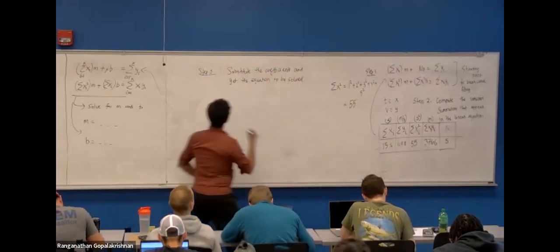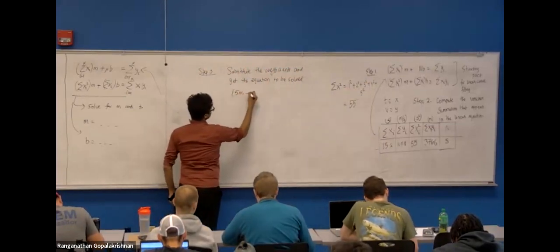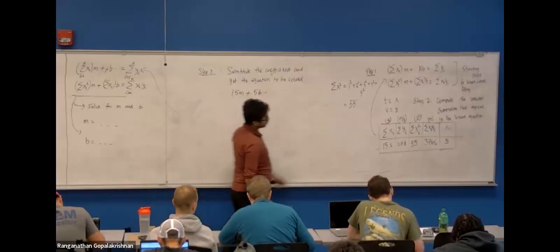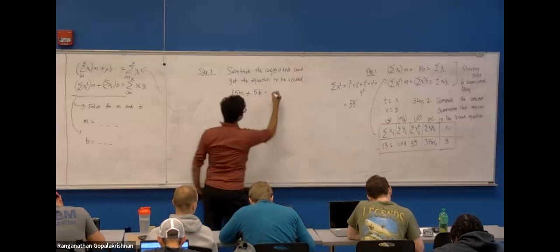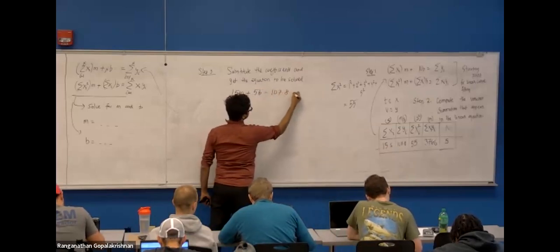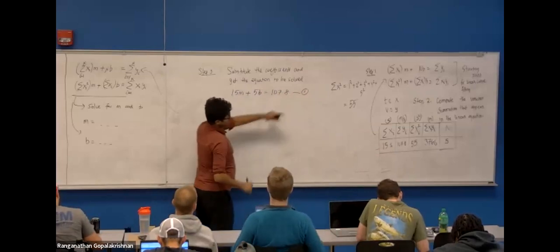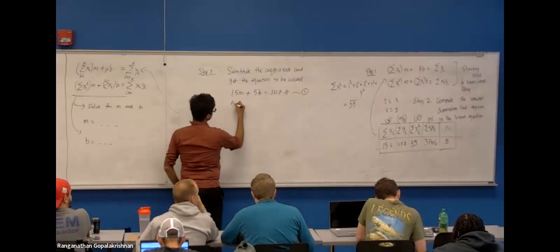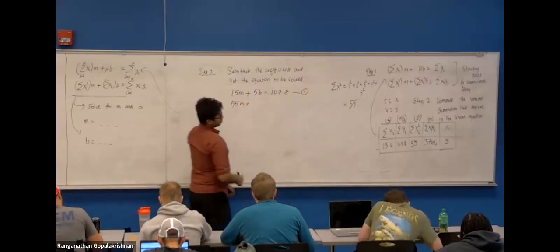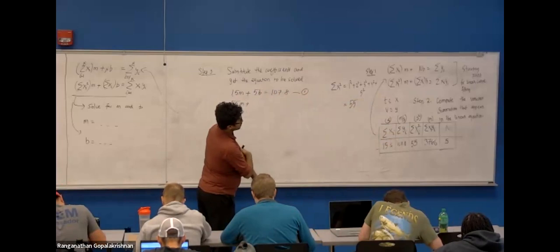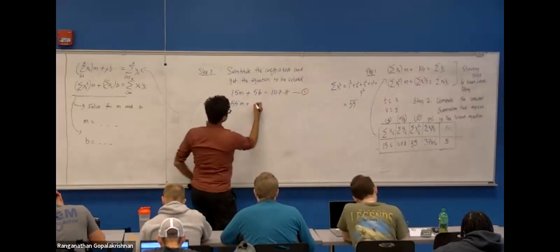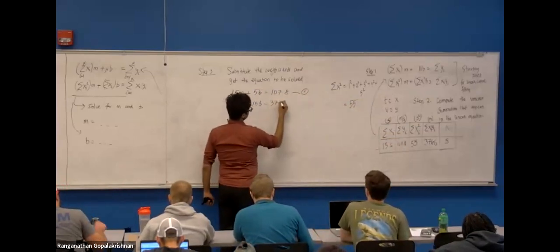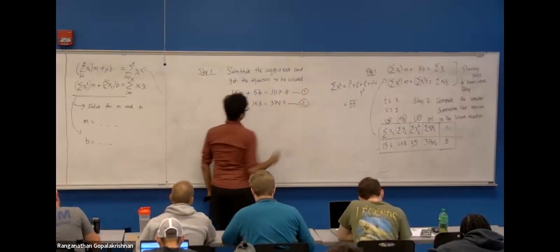That is 15. 15m plus n is 5, so 5b equal to sigma y, which is 107.8. That is equation 1. And then sigma xi squared is 55 m plus what is sigma xi? That is 15 b equal to 376.6. That is equation 2.